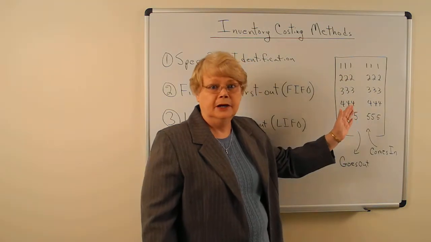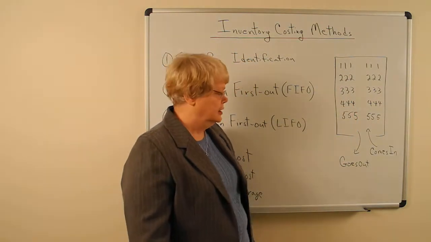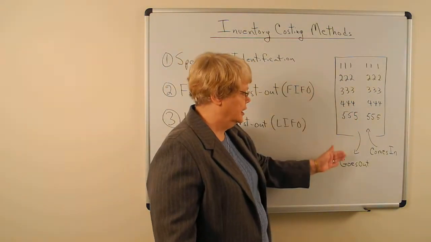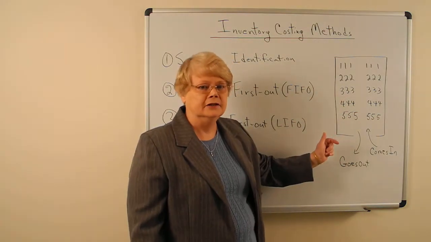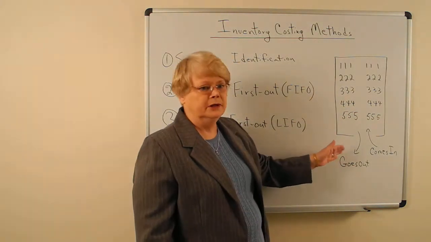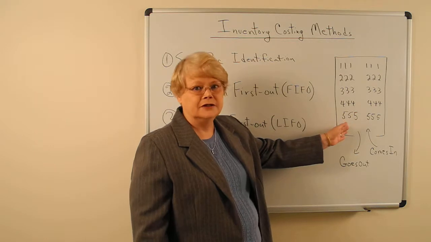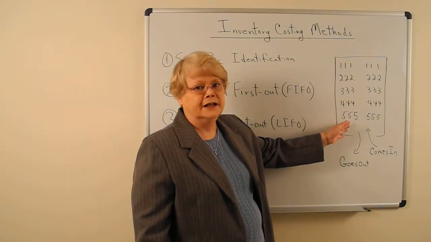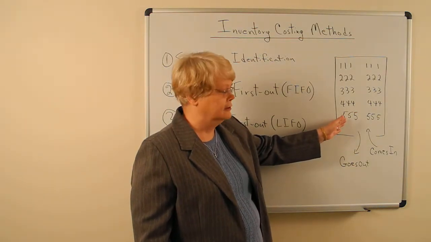This may or may not be how we put it in the warehouse. But then as it comes out, how are we going to take that merchandise out? Well, the most logical thing would be to take the ones that you see first, and that would be the ones that are priced at the higher amount.